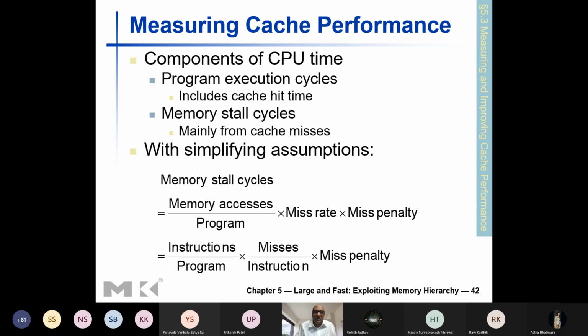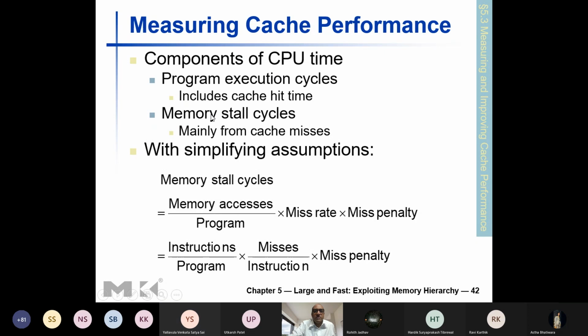We are aware that the number of cycles required to access the main memory is much larger compared to the cache. Whereas the cache can be accessed within a cycle, main memory requires close to 50 to 100 cycles. So during that time, since the data is not available, you cannot execute that particular instruction, and the program cannot go further. So therefore, what happens?